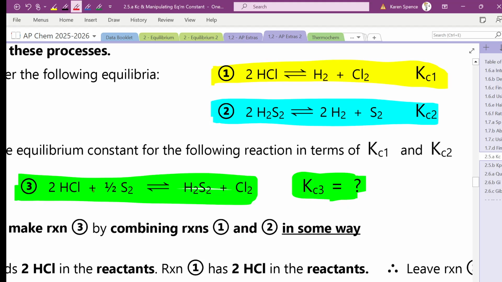Let's see what we need. We need 2 HCl's. Do we have 2 HCl's in reaction 1 or reaction 2? Yes, we need to have reaction 2. This one is just fine, just as it is, right? This one can just stay. But number 2, not only do we have to multiply by 1/2, what else do we need to do? We also need to flip it.